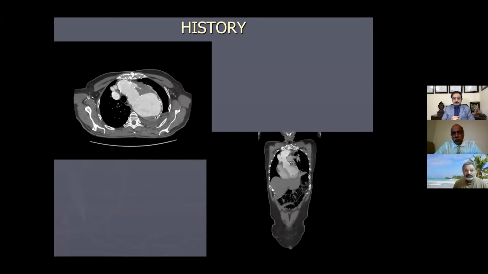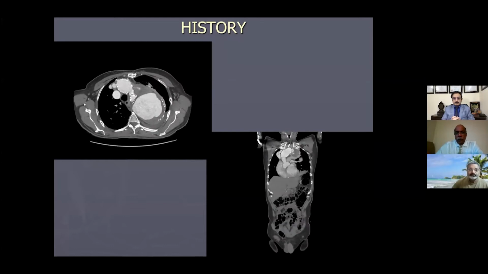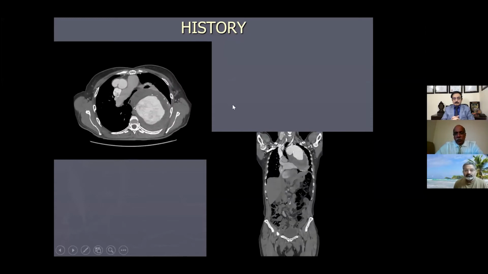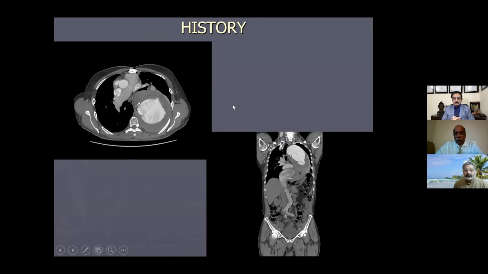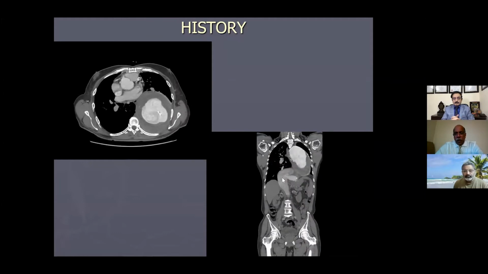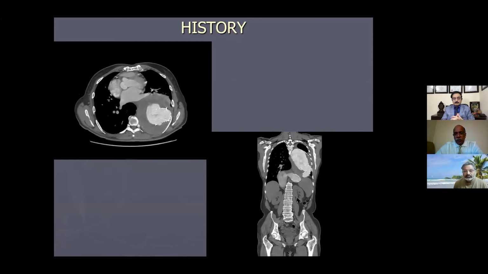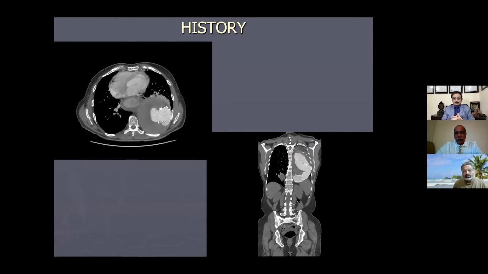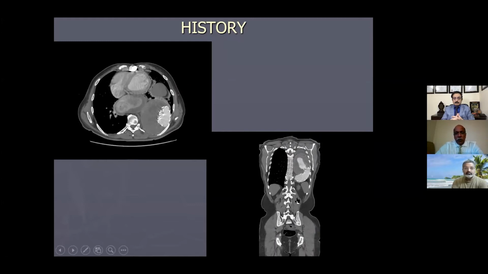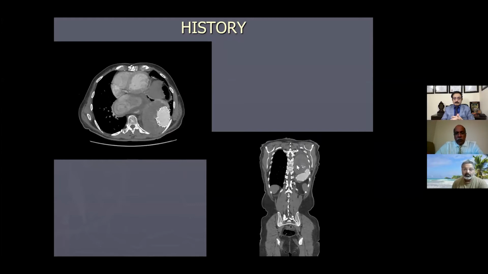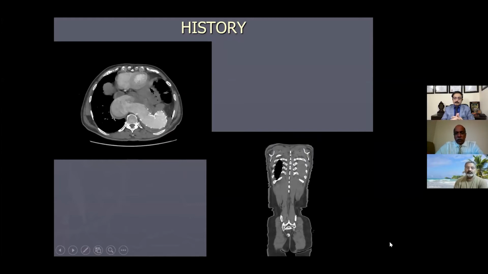There was a type 1 endoleak, as you can see there. And now what you see is an aneurysmal dilatation of the thoracoabdominal aorta. And of course, there is a loss of integrity of the graft.